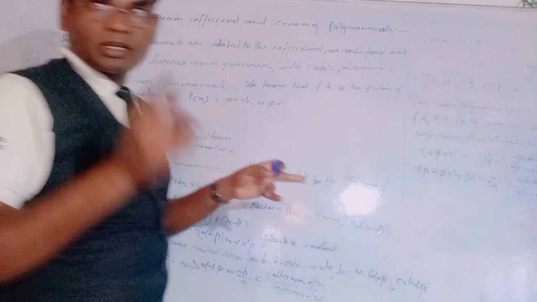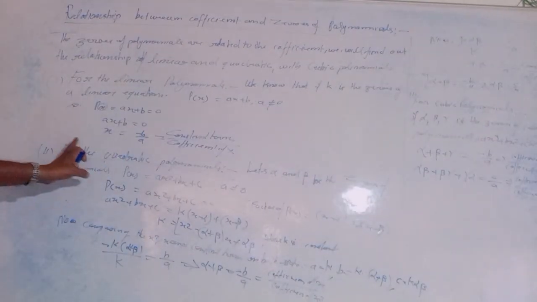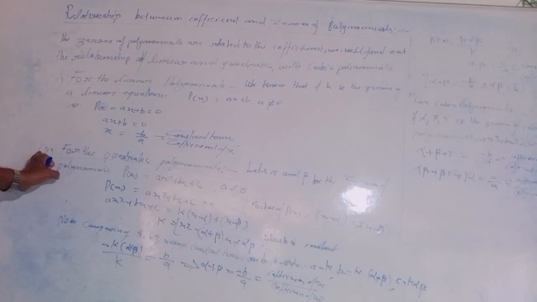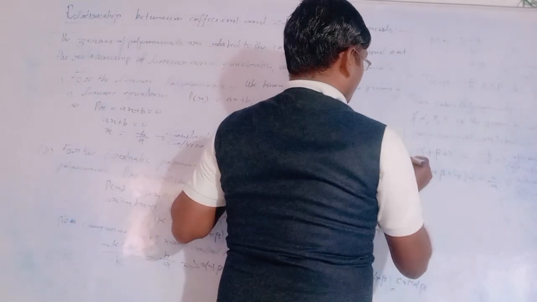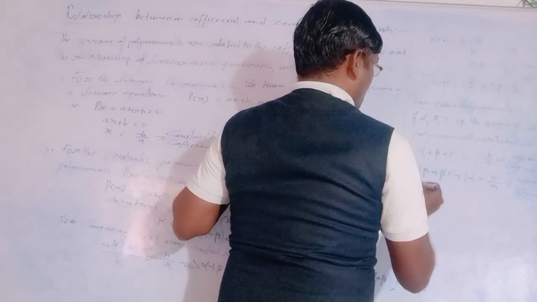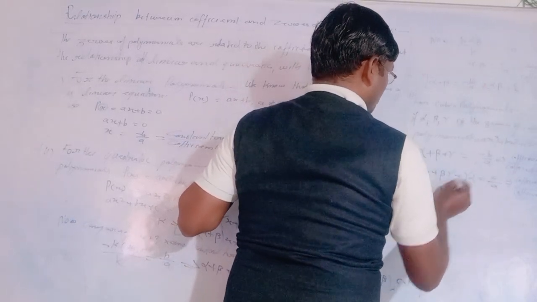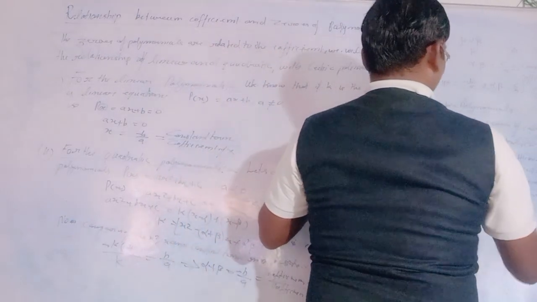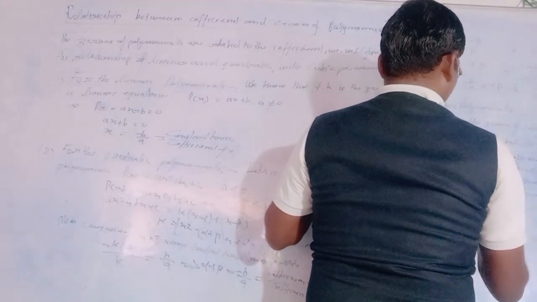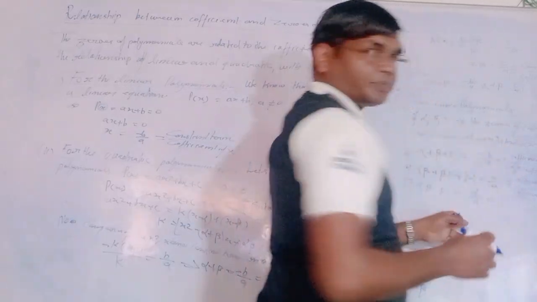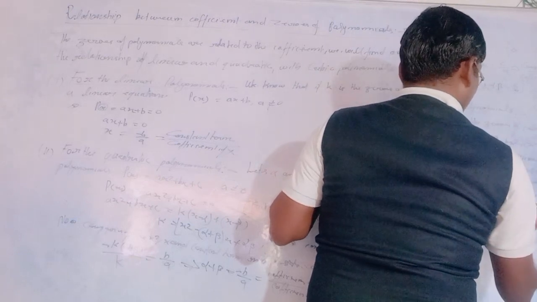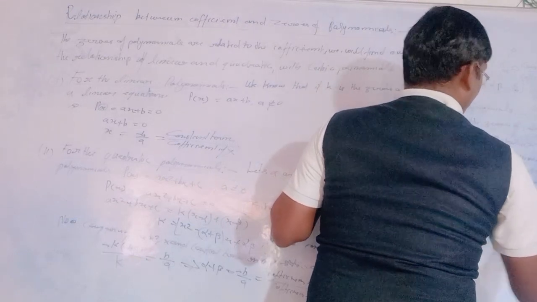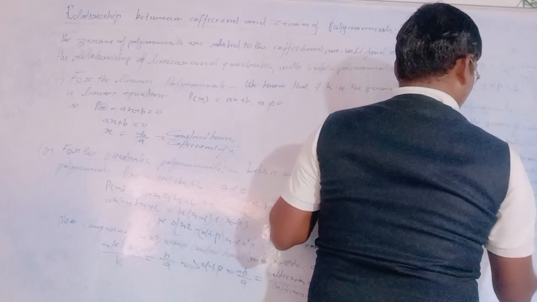Now third, first condition, second condition, and the third condition, alpha into beta into gamma will always be minus d by a. Okay, d is the constant term by the coefficient of x cube.